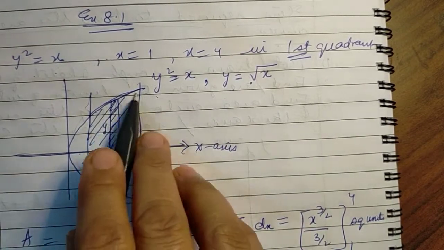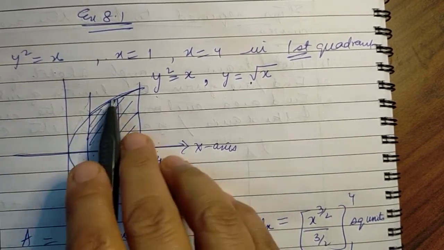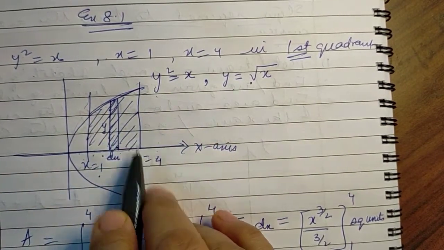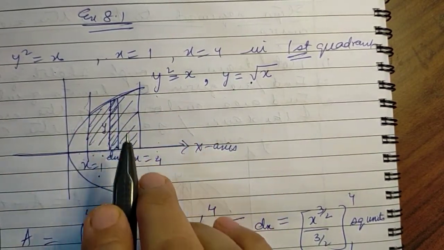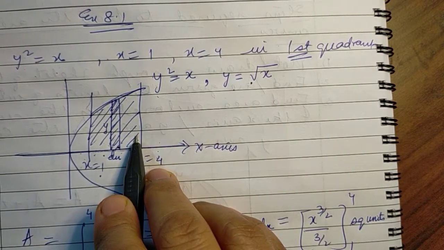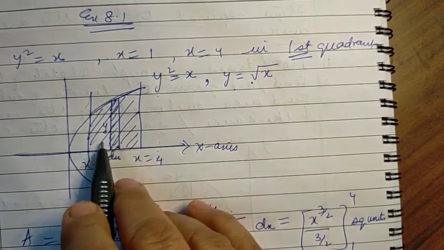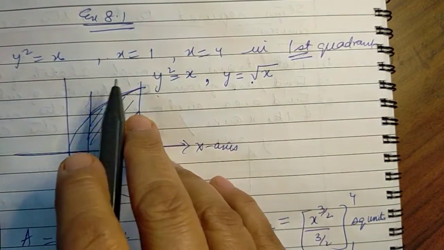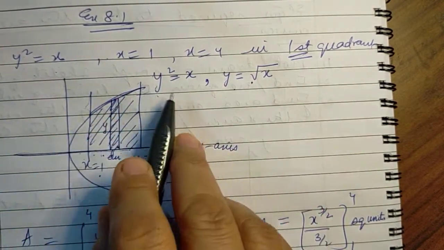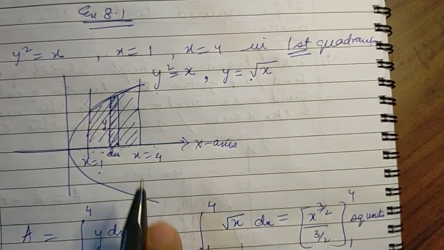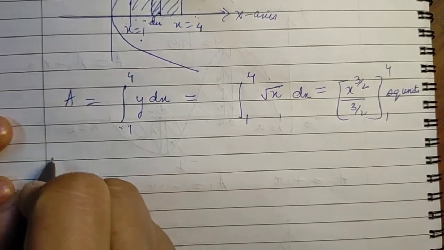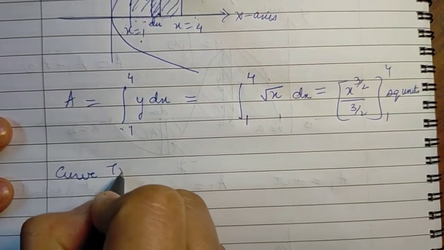Because unless you draw a sketch, you are not required to draw a proper sketch, but at least a rough sketch which gives you an idea about what is the area which you are finding. And accordingly, you will get some idea about the limits because you are able to trace the curve properly. Okay, so let's do a few points to do curve tracing.